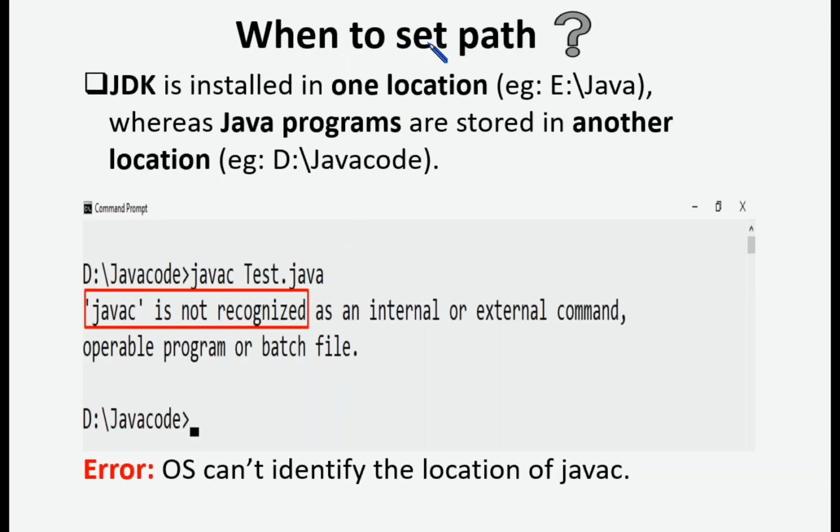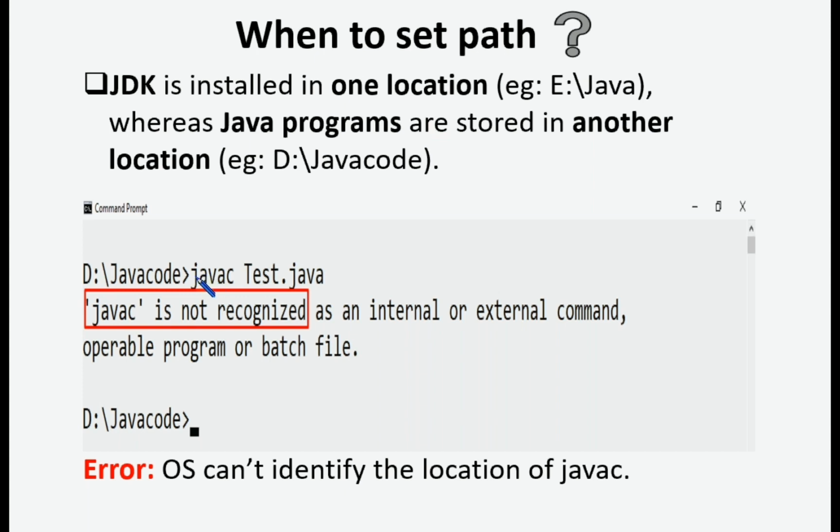So when do we set the path? We install the JDK in one location, for example, in the Java folder, whereas Java programs are stored in another location, here the Java code folder. Here it is mandatory to set the path. For example, I am executing the test.java file, which is stored in this Java code folder, by using the javac compiler.